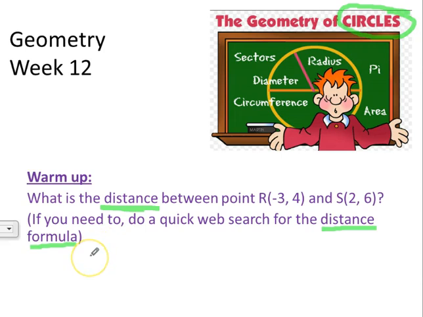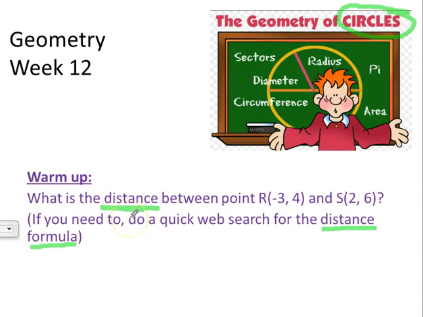And something I like to do when I do a quick web search, if I use Google, is when I type in distance formula, and then underneath the search bar you're going to find images, and sometimes I just click on that images and you're going to find the distance formula given there in a lot of different formats. So something to play around with and try. If you don't like it, that's okay. Just thought I'd share that with you.